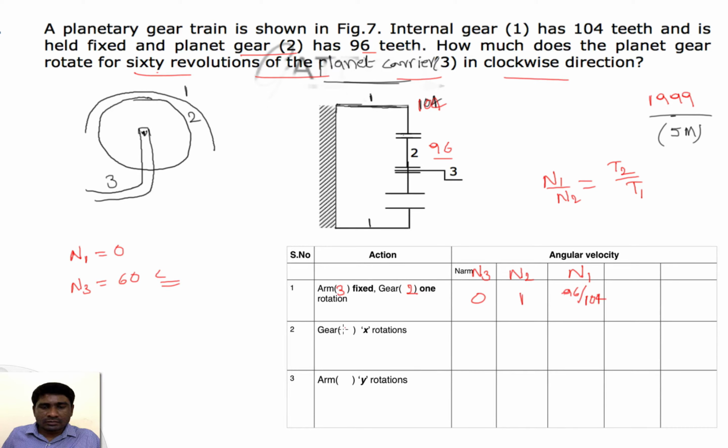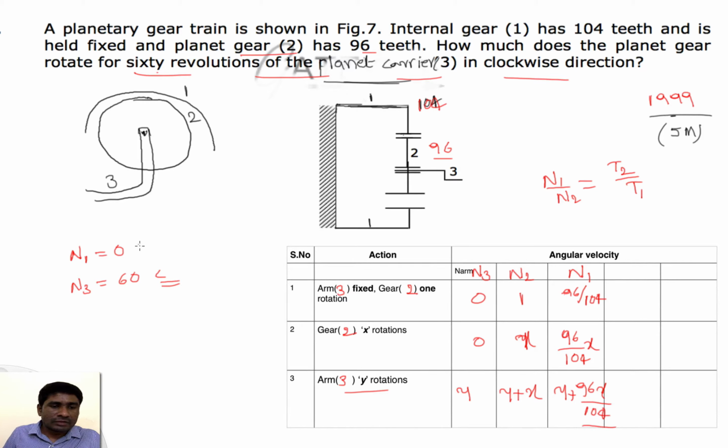And if I make 2 as x rotation, then it's a simple multiplication of this. So this is again 96 by 104 into x, and arm is revolving. Arm 3 is revolving, then y revolution, then it's simply addition. Then this is the final table here, and it's given that n1 is 0.